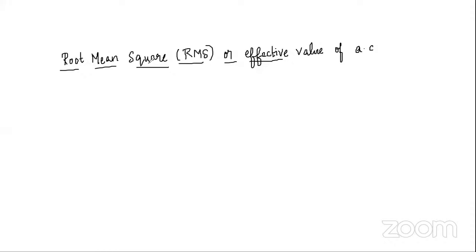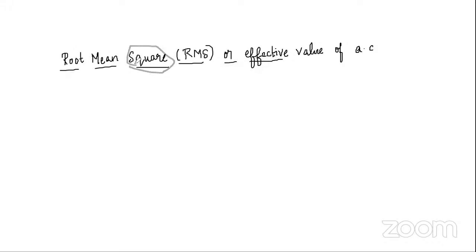You can choose, for example, five instantaneous values of current or voltage from the graph, and then you need to square that. After squaring those values, you need to take the arithmetic mean or average of the instantaneous values, and then you need to take the square root. So the arithmetic operation should be considered from this point, that is squaring.